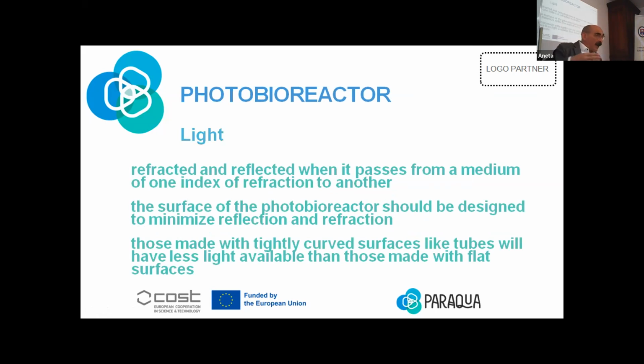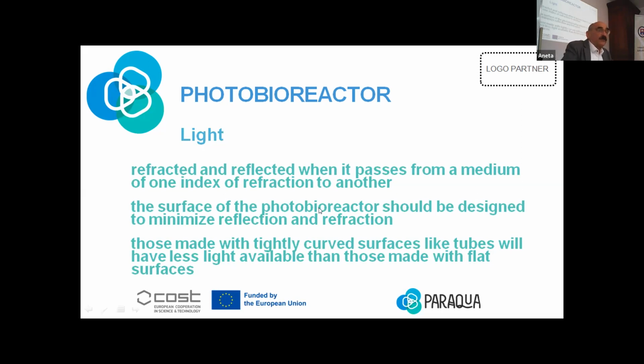When light penetrates through the medium, it gets reflected, it gets refracted, and you have to put this into consideration. How thick is the media from the light to the end of your cylinder, and how to design the inside of the bioreactor to minimize reflection.